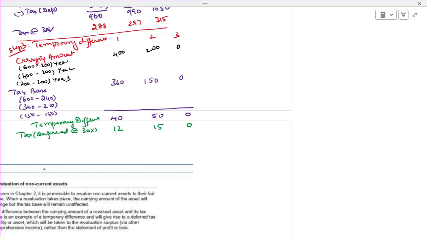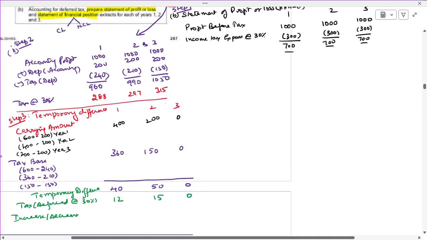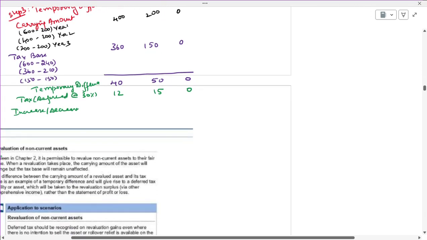Now, we will see whether it has increased or decreased. As per accounting, we have 240. Now, what is the difference here?